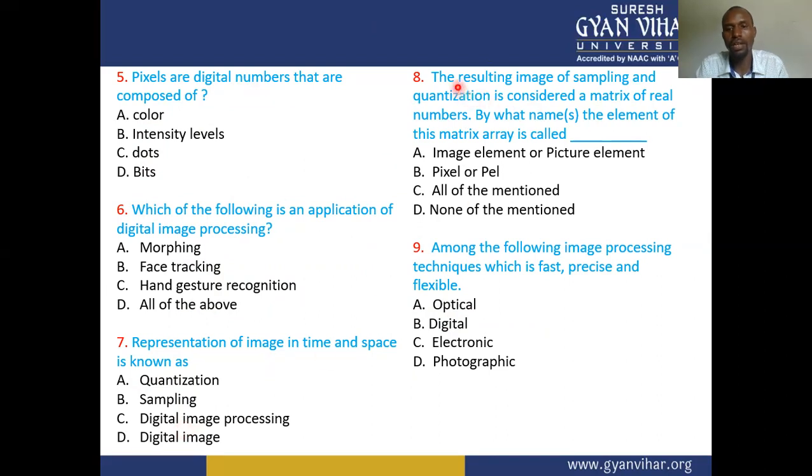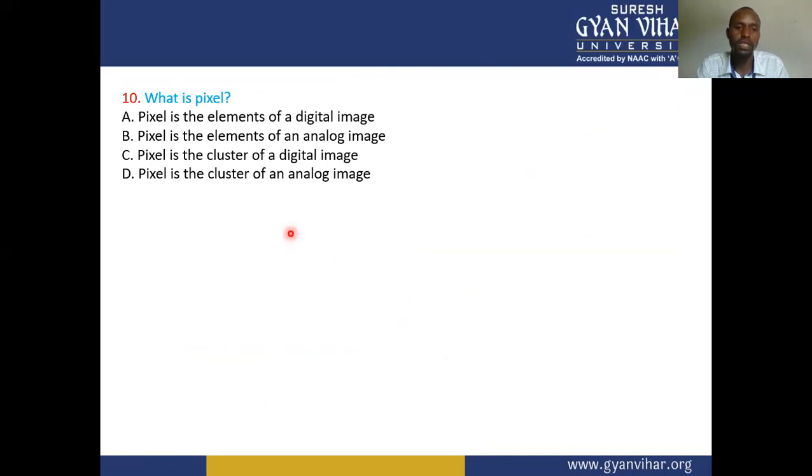And the resulting image of sampling and quantization is considered a matrix of real numbers; by what name is the element of the matrix called? Also, among the following image processing techniques, which is fast, precise, and flexible: optical, digital, electronic, or photographic? The last question, what is a pixel? These are the different options given.